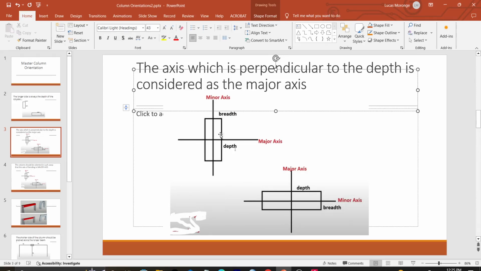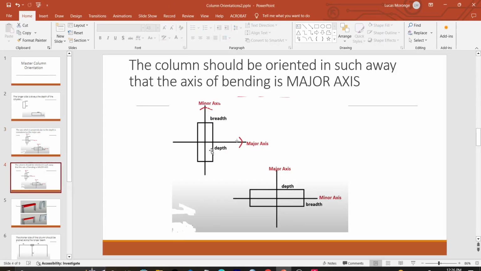As you can see here, we have the minor and the major axis. Understand that the major axis will always be perpendicular to the depth. As you can see here, the major axis is perpendicular to this depth. Note that down. The other aspect you ought to understand is that the column should be oriented in such a way that the axis of bending is the major axis. So this is the axis of bending on this side.